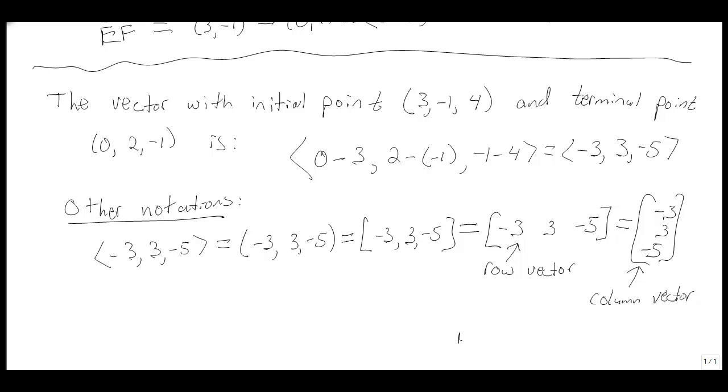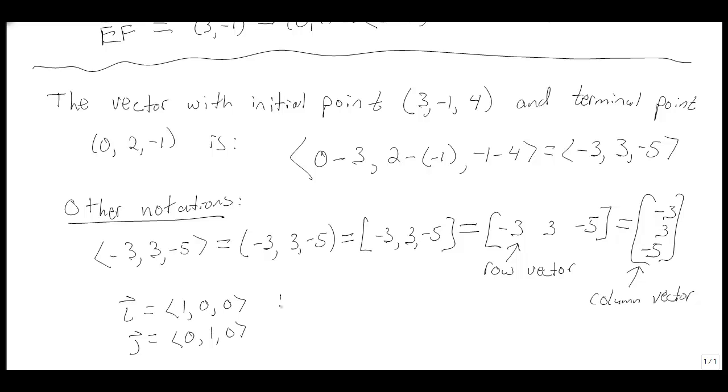Another way that's a little bit different in feel, we're going to introduce some vectors. We're going to call them i, and we're going to let i be the vector 1, 0, 0. j is the vector 0, 1, 0. And let's scroll down a little bit.